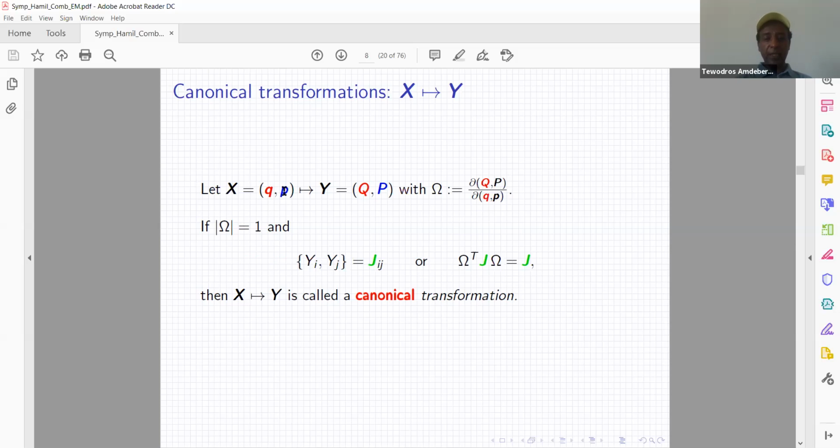You start with a set of coordinates, as we did, and suppose you switch to another set of coordinates in the same phase space, and then this is the Jacobian, as you know it. If it satisfies these properties, essentially just look at this one, then it's called a canonical transformation.